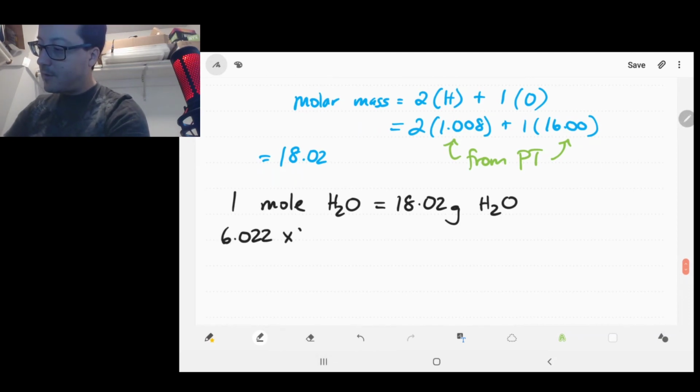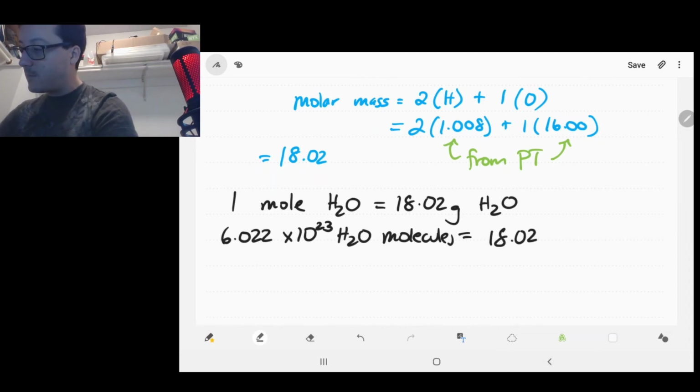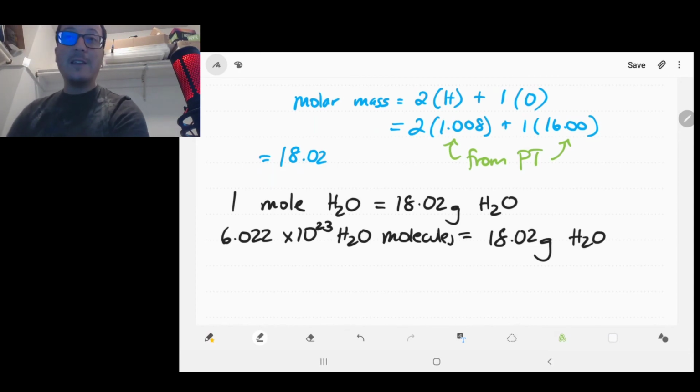We could also say that Avogadro's number of molecules would be equal to 18.02 grams of water. So remember, a mole and Avogadro's number mean the same thing. But which of these is easier to use as a conversion factor? Hopefully we can see it's the top one, right? The bottom one, again, we're going to be dealing with all these crazy exponents. It's really quite silly.